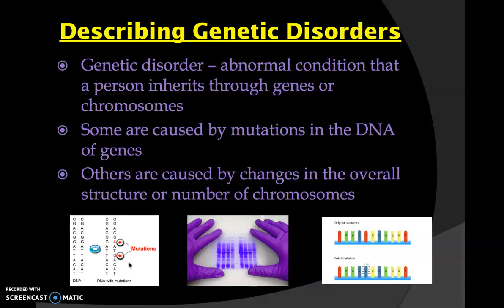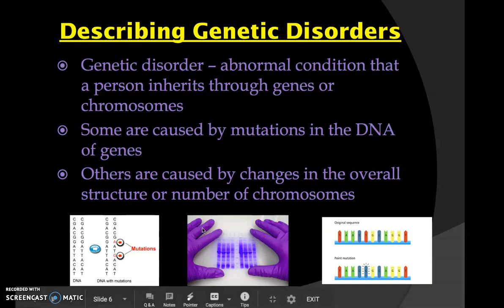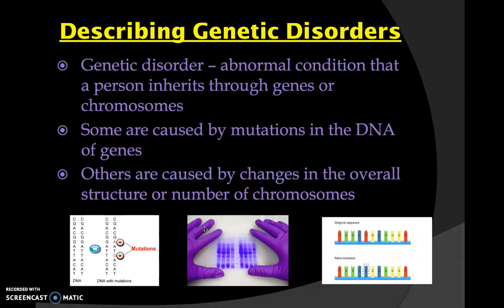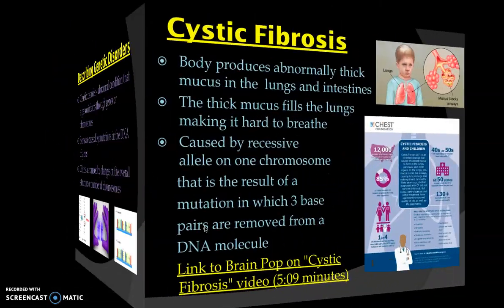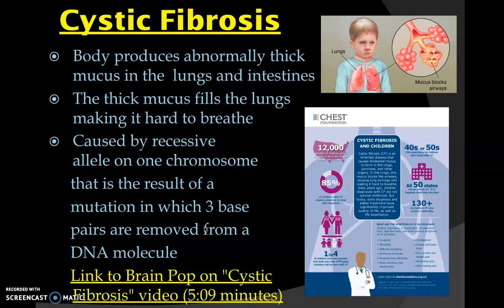Other times, you may have just changes in the overall structure of the DNA or in the number of chromosomes that you have. You may have one too many chromosomes in a certain pair, and that can cause a person to have a specific genetic condition.